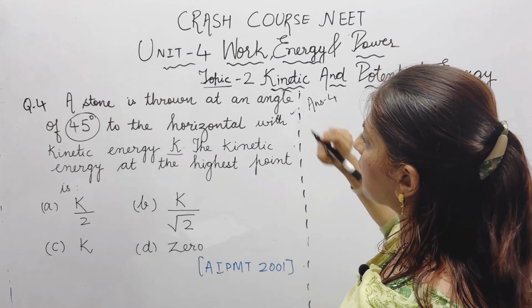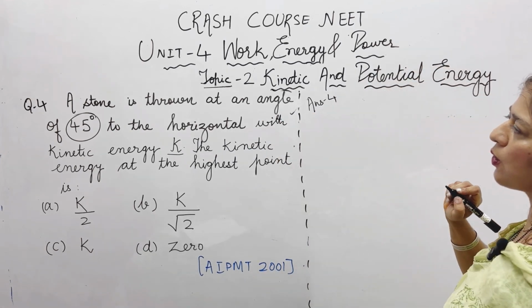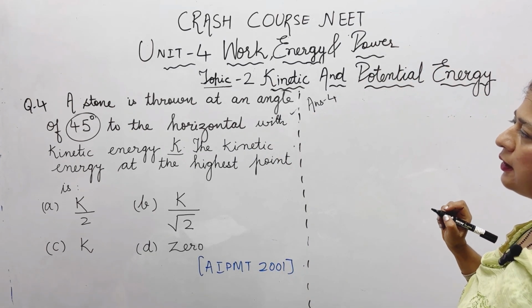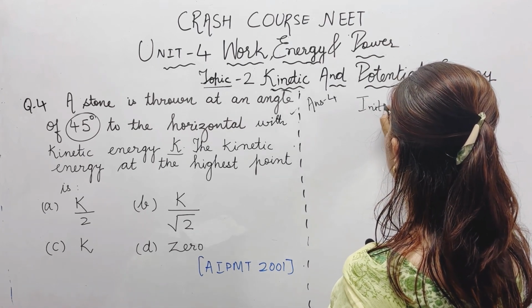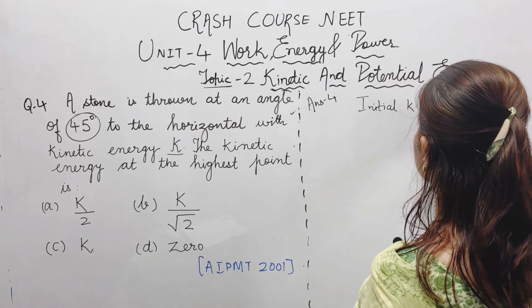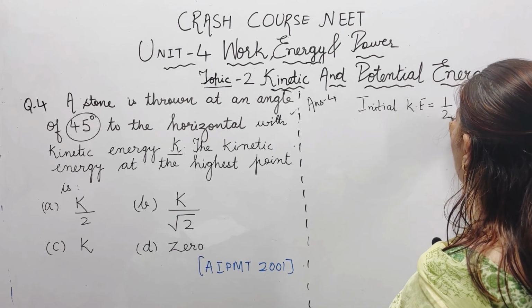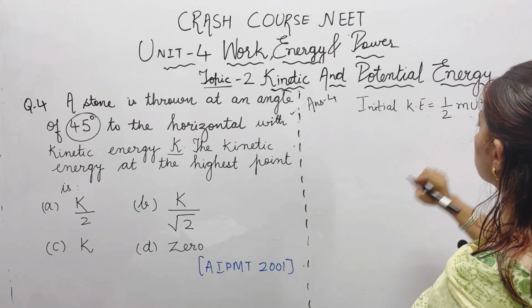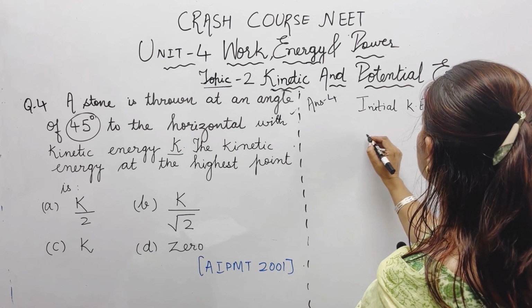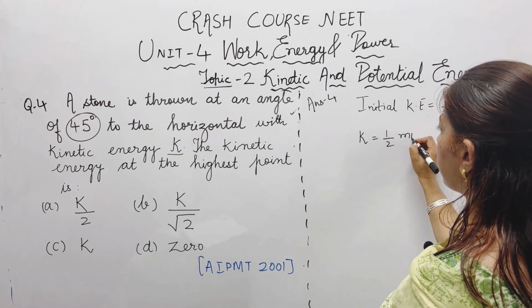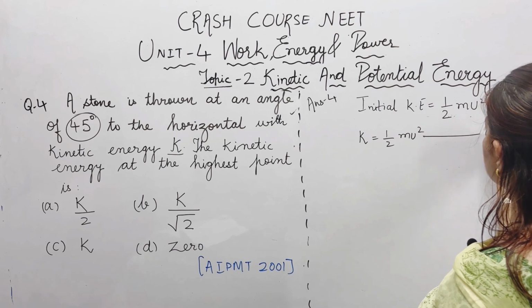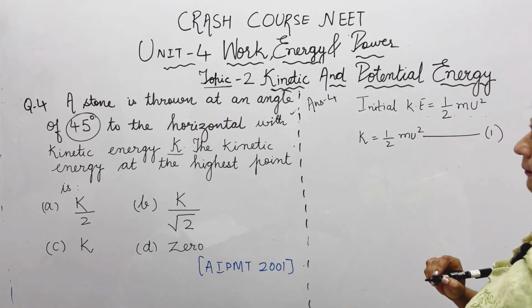A stone is thrown at an angle of 45 degree to the horizontal with the kinetic energy K. So initial kinetic energy is equal to half m u square, and that kinetic energy is denoted by K. Mark it as equation number 1.